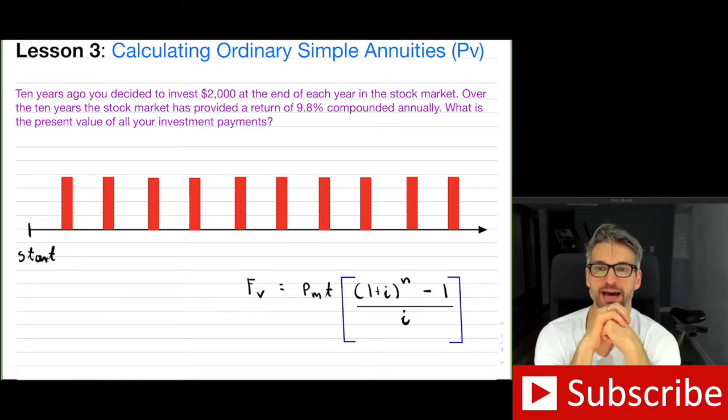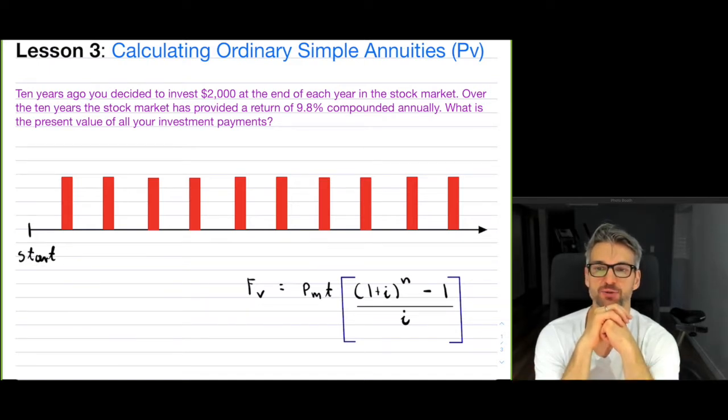Okay, so we had started in lesson 2 with this example, except we were calculating the future value. For 10 years, we were investing $2,000, so that's what you see there on the screen. 10 different payments, at the end of each year, with a return of 9.8% compounded annually.